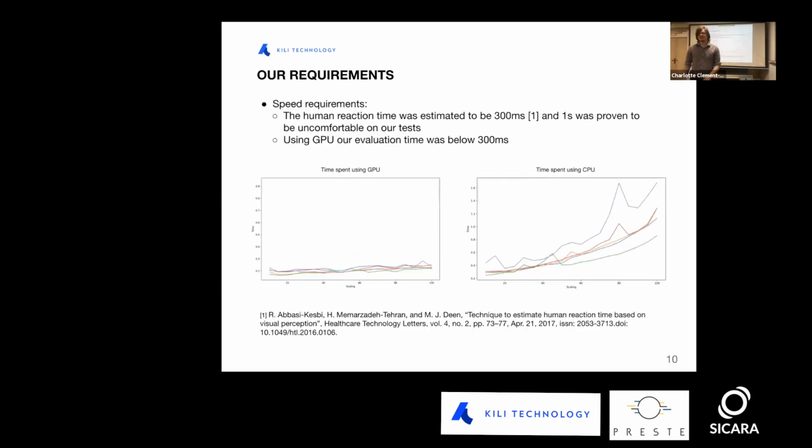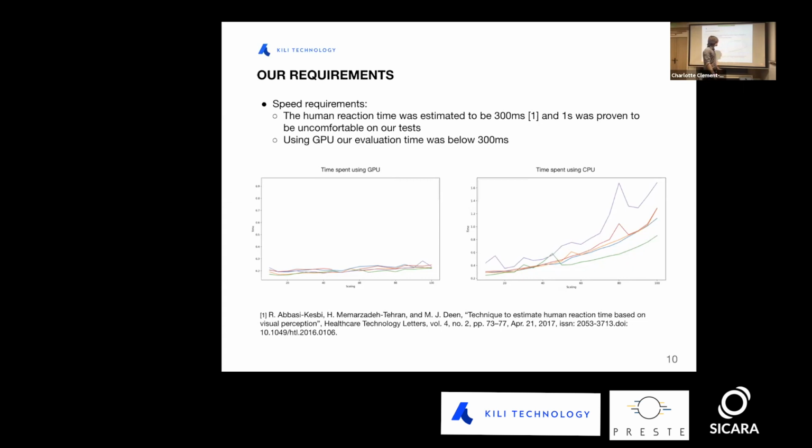So now talking about the requirements, we wanted something very, very fast. The idea is to match the human reaction time for each click. So you click, you already have the results. And using the GPU, we are able to achieve sub 300 milliseconds in all, taking into account all the service, so making the request, everything else.